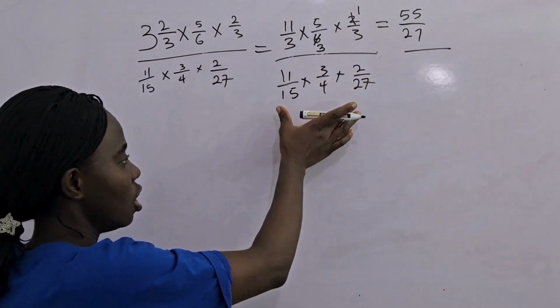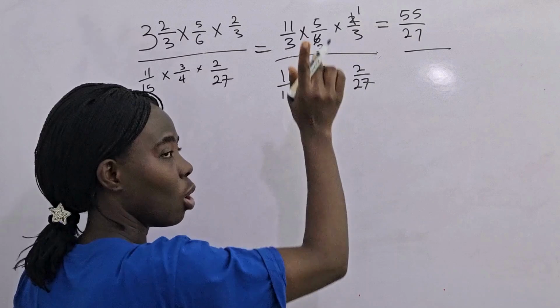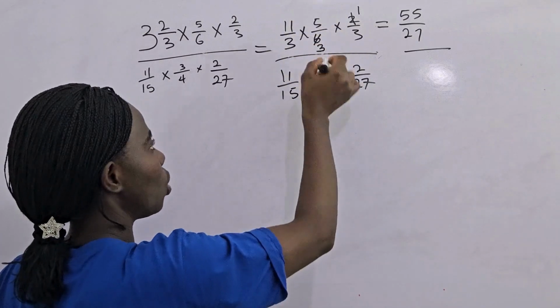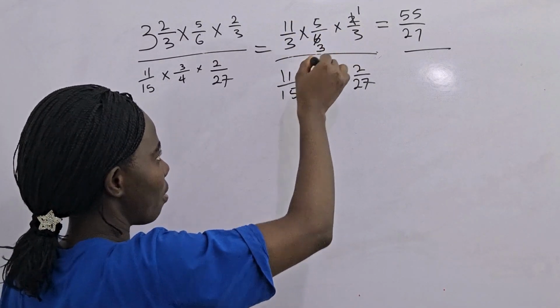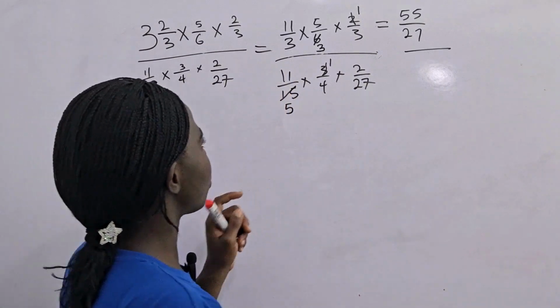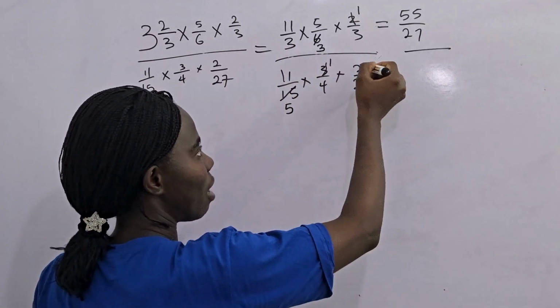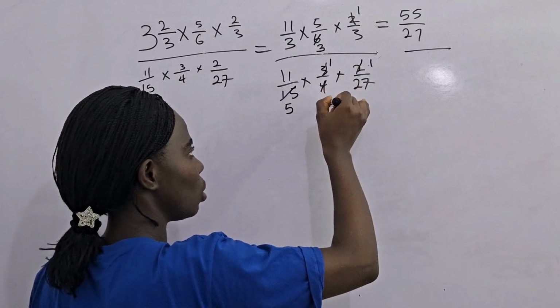So let's come to this denominator part. Remember, it is up and down. So 3 can be divided by 3, 1, and 15 can be divided by 3, 5 times. Also, 2 can be divided by 2, 1, and 4 can be divided by 2, 2 times.